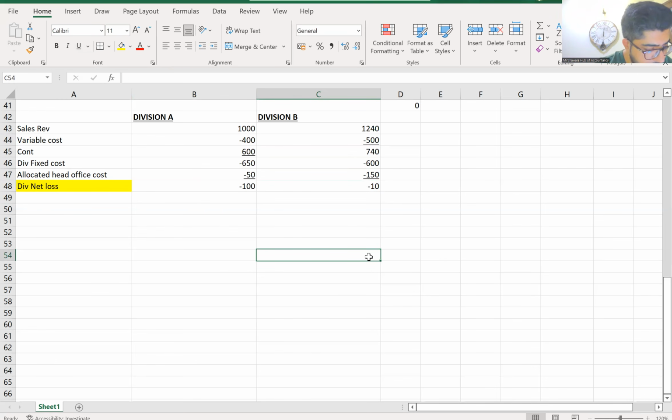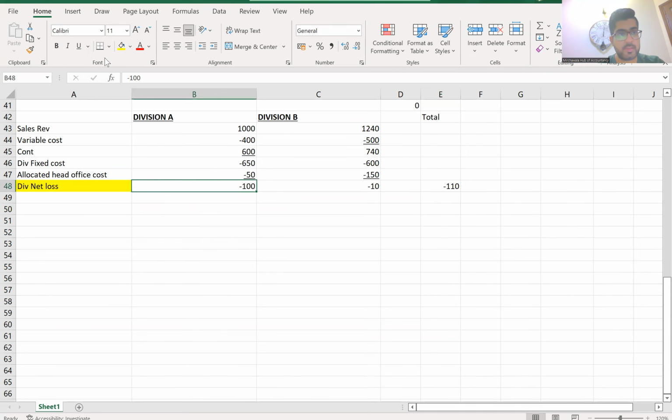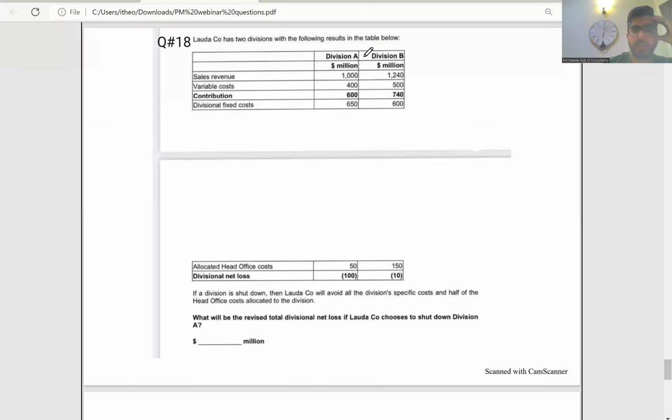That means the total divisional loss at the moment is negative 110. 100 is here, 10 here. The total divisional loss is 110. So LODA has two divisions, A, B. I wrote the revenue, variable cost, contribution, divisional fixed cost, head office cost, divisional net loss.